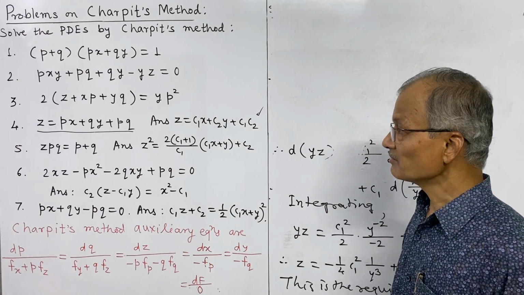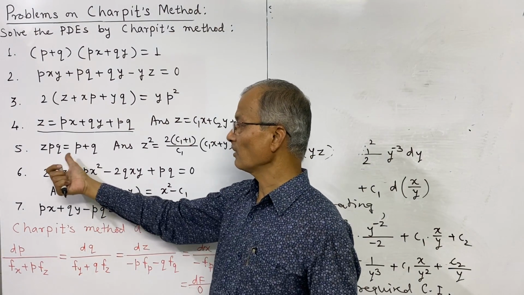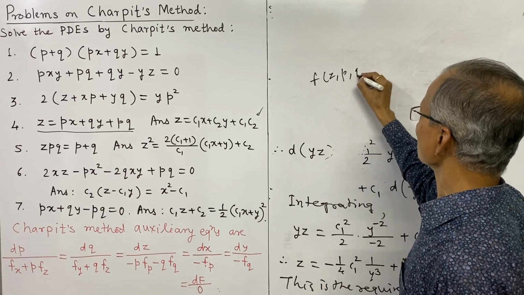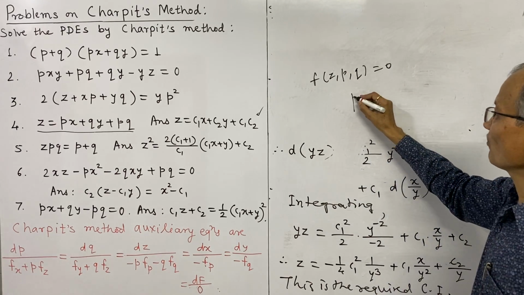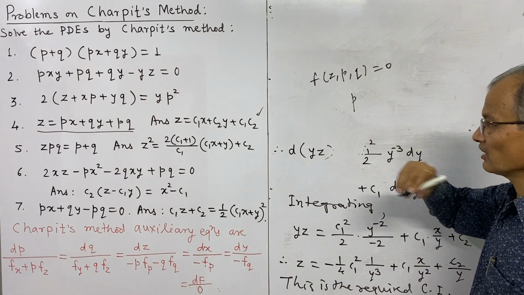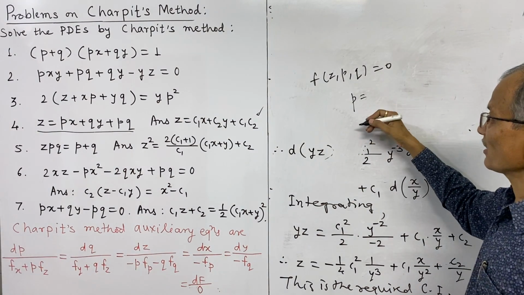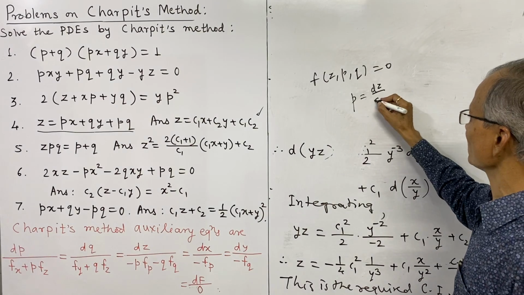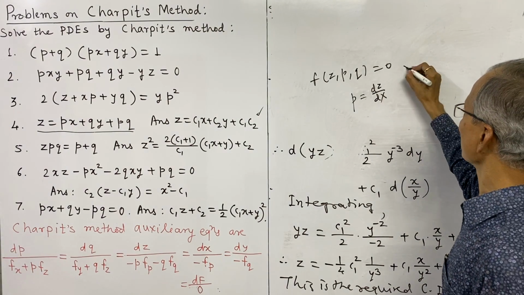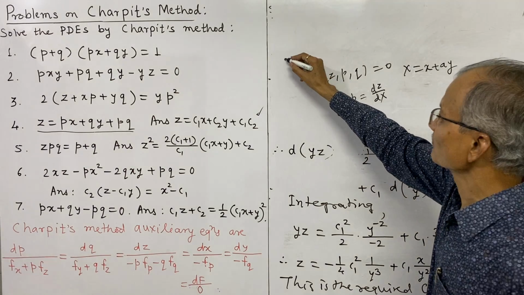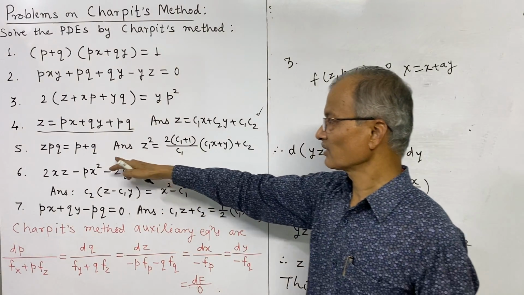Similarly, this is actually the third form, that is a function of z, p, q equal to 0. There we put p is equal to dz by dx, and q is a p, and X is equal to x plus a y. That is the third form. So it is of the third form.